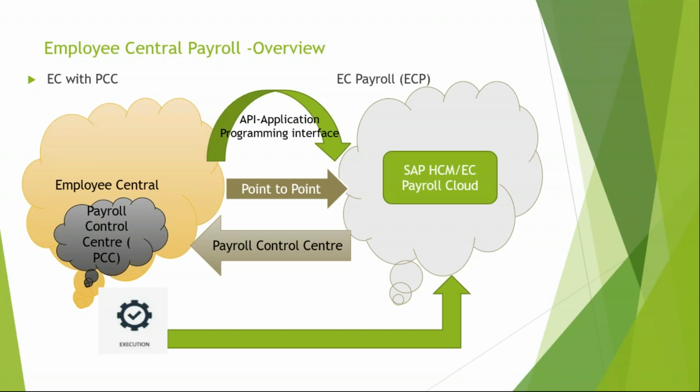For development, one URL, quality, one URL, production, one URL. Based on that URL, you call ECP dev, quality, or production. So that URL differs from client to client and landscape to landscape. It's not fixed. Okay, clear?